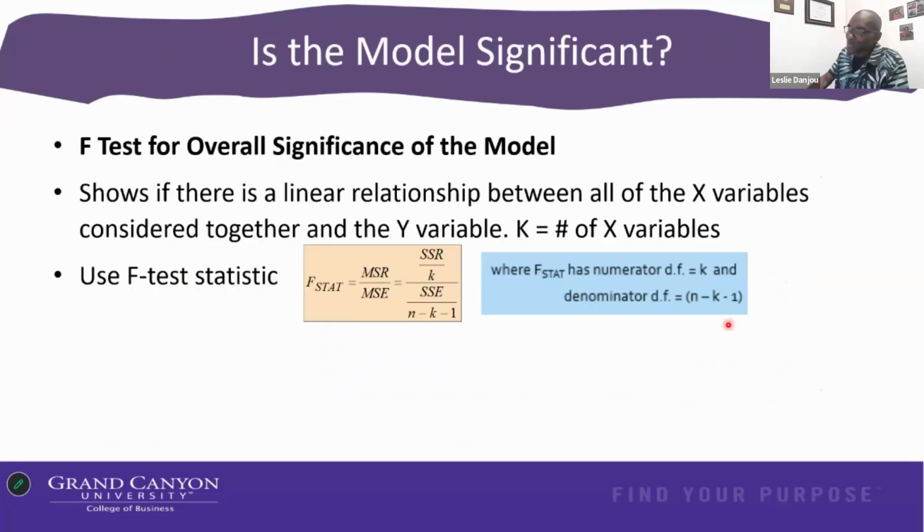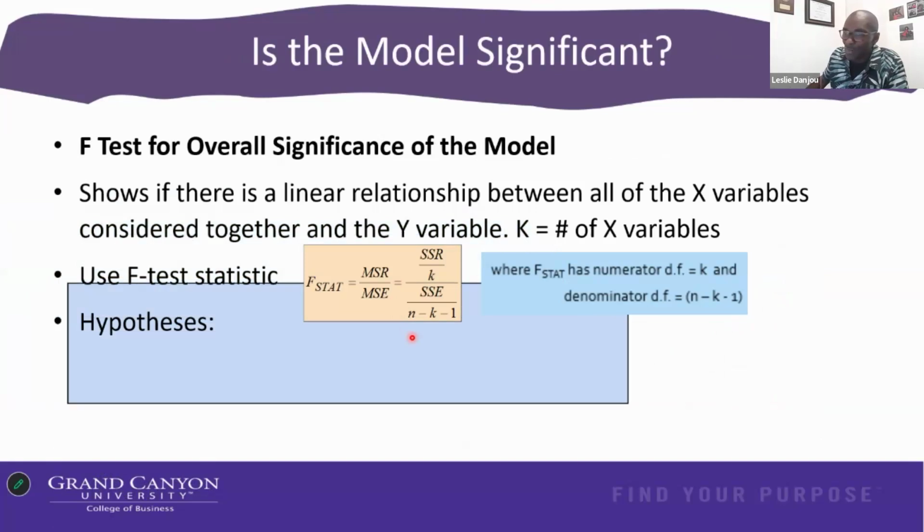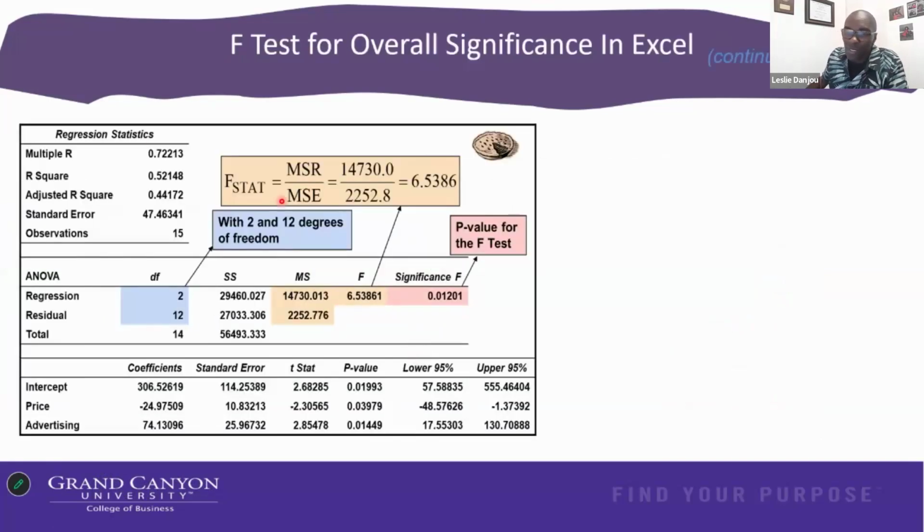So we've got all of these formulas, but ultimately we're going to put it into the multiple regression equation within Excel, within your data analysis toolkit, and you will get these results. From these results, you can tell whether it is a good correlation or not. Once again, if this number is less than 0.05, then you will say reject. Your p-value for your F-test is this one right here.